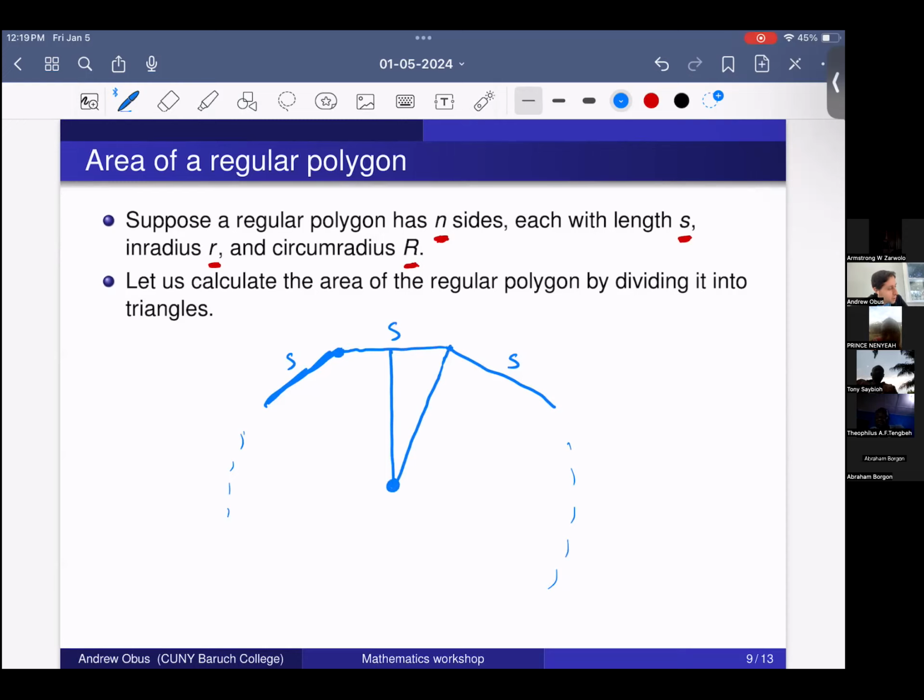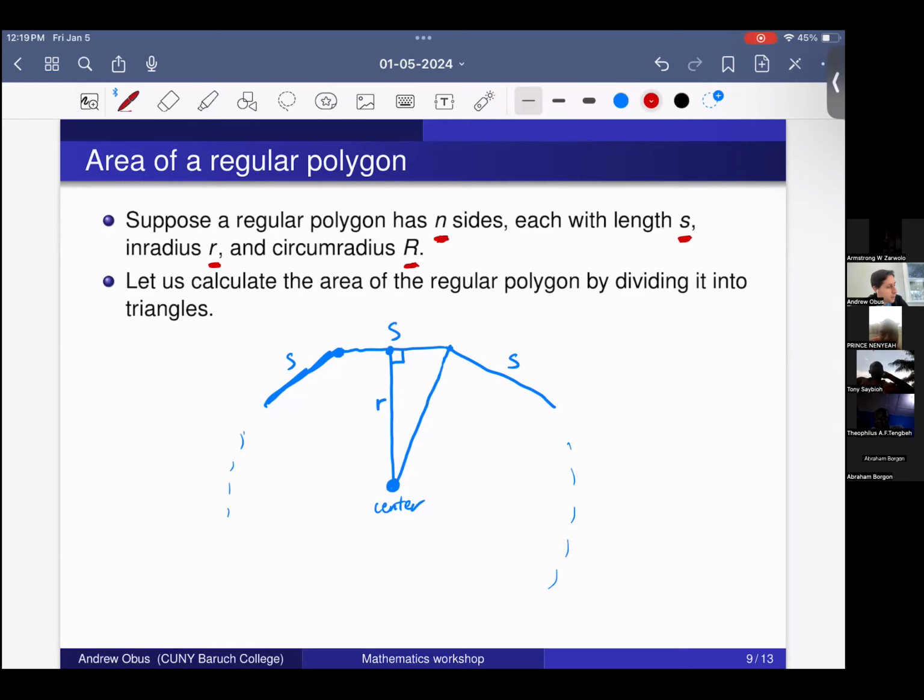Okay, so I have my center. This is the center of the polygon. And I'm going to draw the line from the center to the midpoint of the side. So that's going to make a right angle because it's exactly bisecting the side. And what do I know about this? Well, this is the inradius, right? This length from the center to the midpoint of the side is the inradius, that's little r.